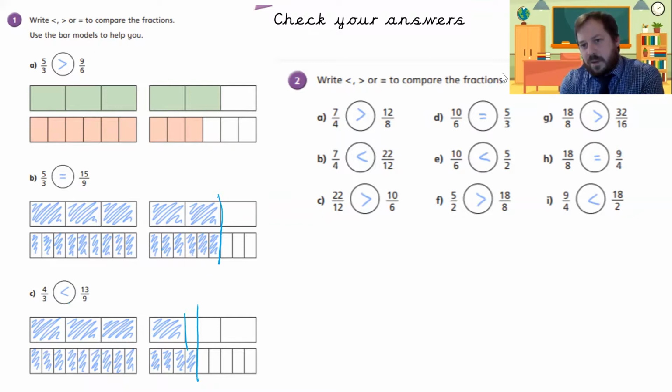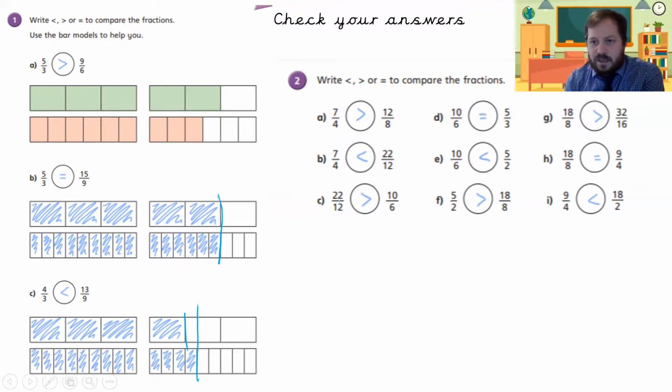Then it's asking you to compare the fractions, and this is where we come to our thinking about finding the equivalent fractions. So the first thing is that 4 does go into 8, it's timesing by 2, so that would make that 14 if I times it by 2, 14/8. Then that means that's larger.